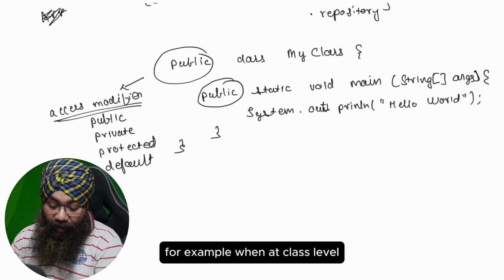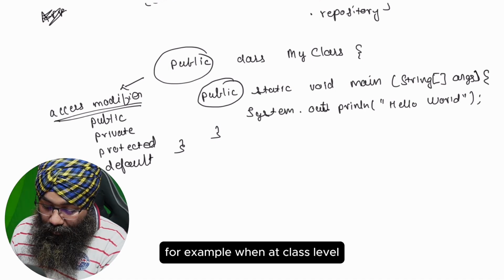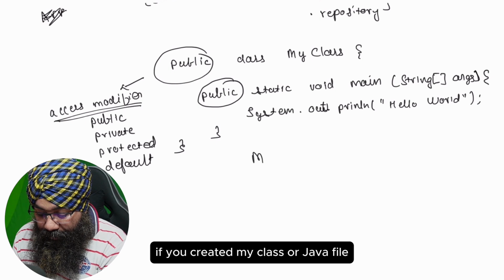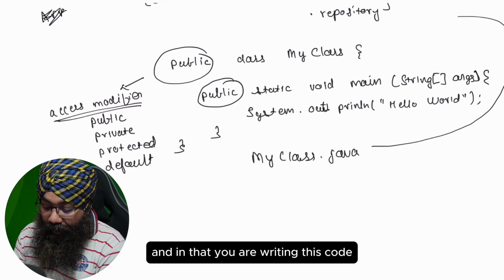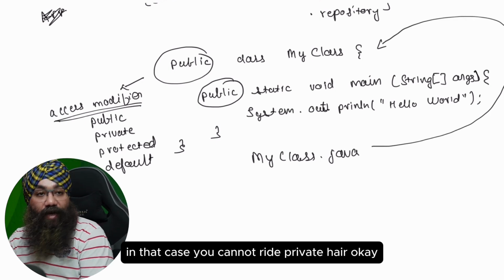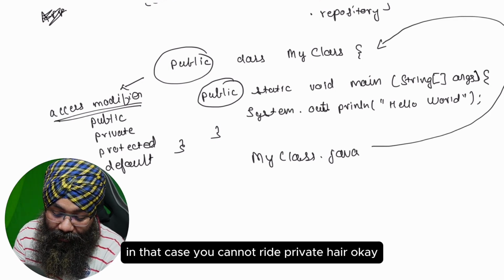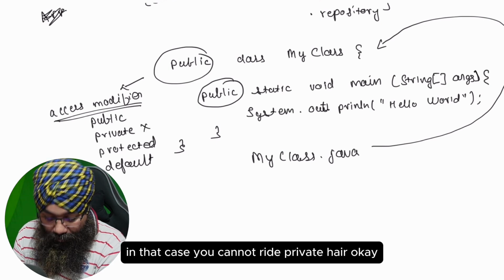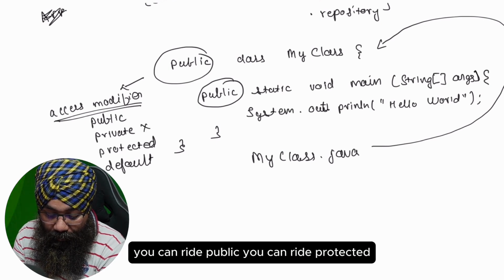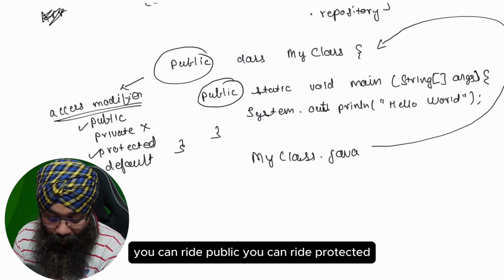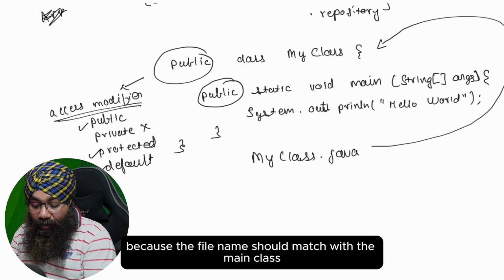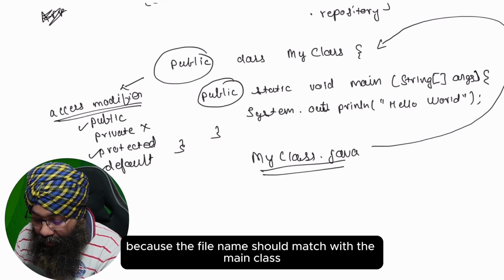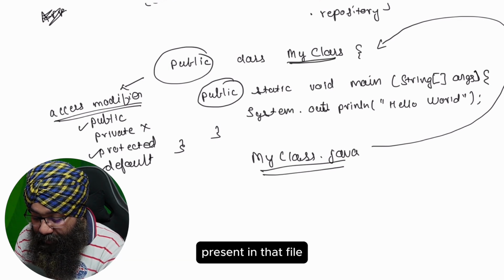Access modifiers have different meaning when they are used at different levels. For example, at class level, if you created a MyClass.java file and you are writing this code, you cannot write private here. You can write public, protected, or default. Private is not allowed because the file name should match the main class present in that file.